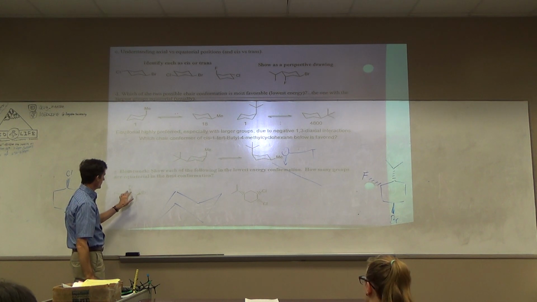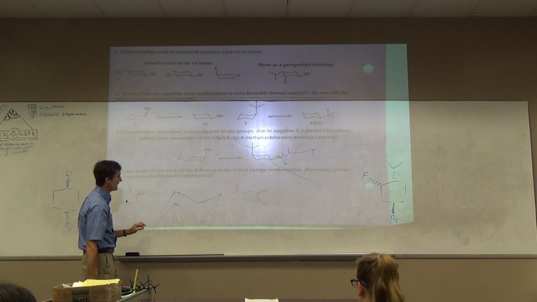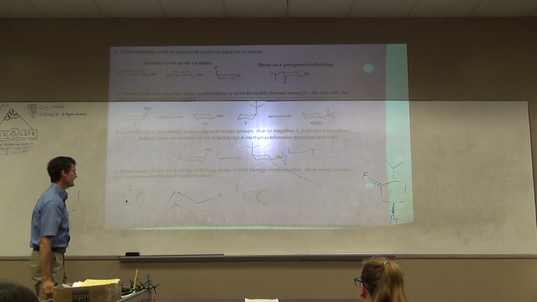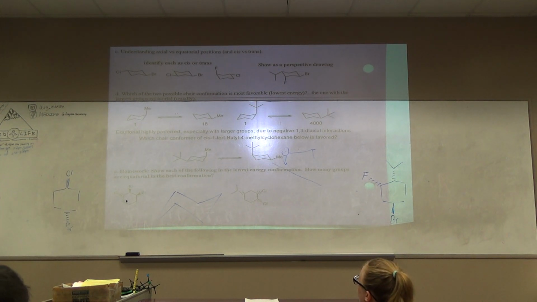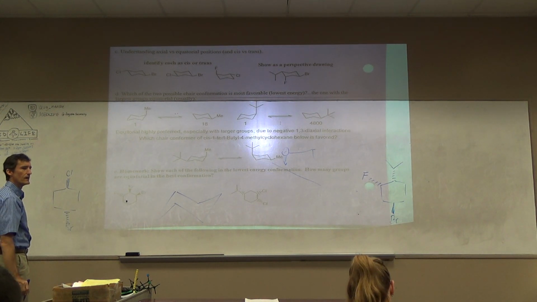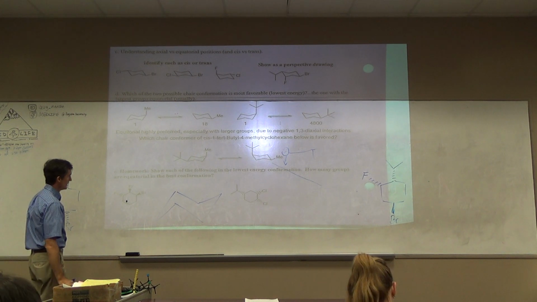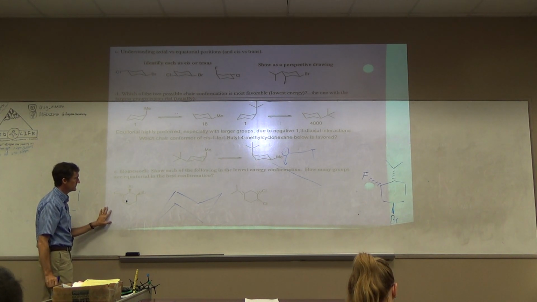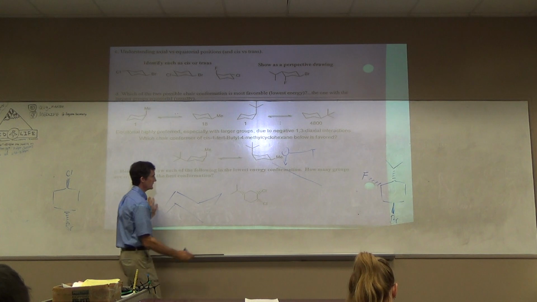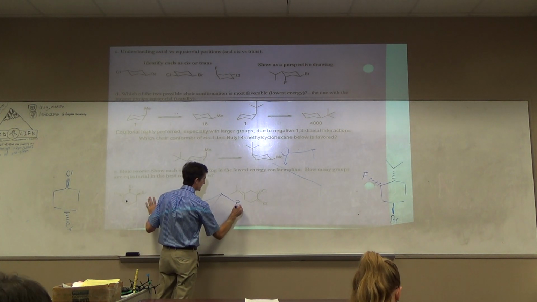How do I do these? Okay, the two bromines are cis. The best conformation. Best is we want largest groups equatorial. What is the largest group? Bromine. I'm going to start and put the bromine here, equatorial.